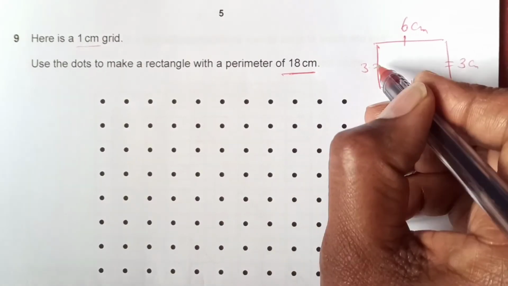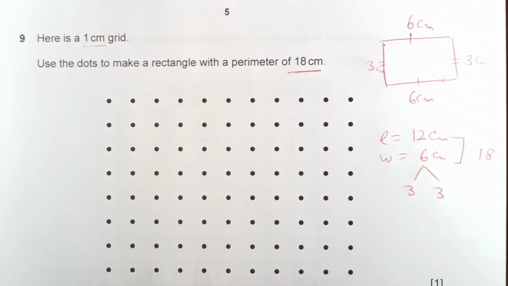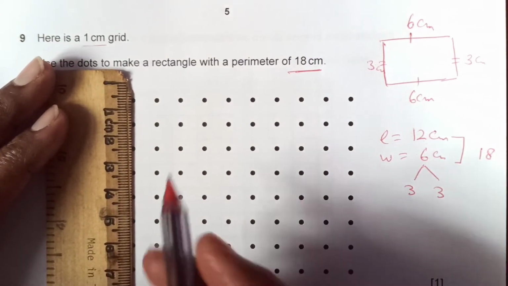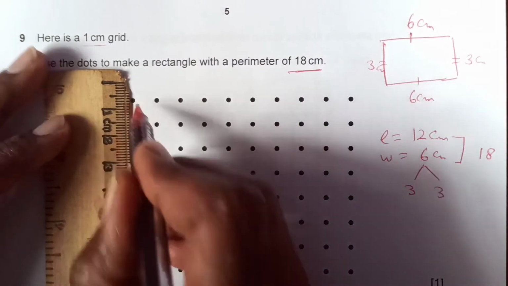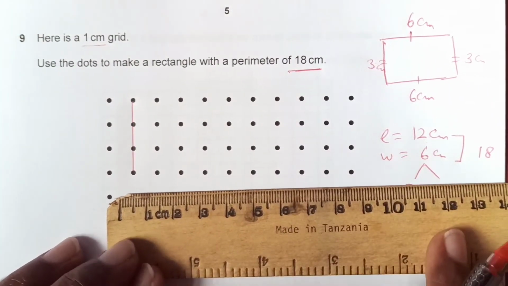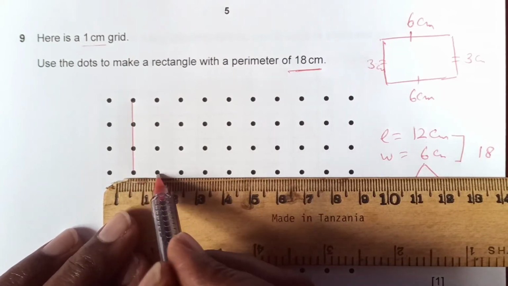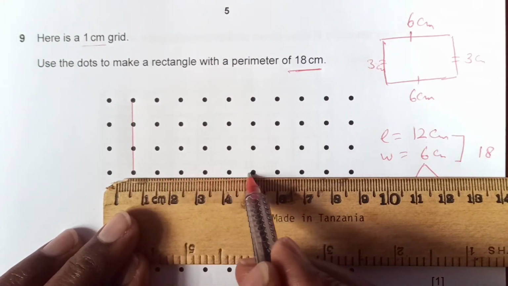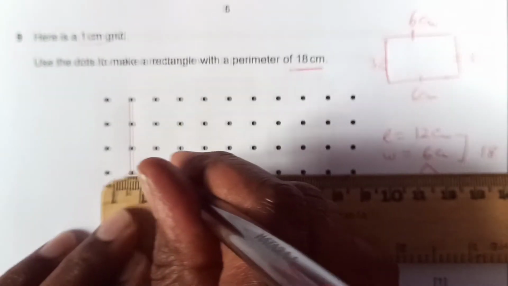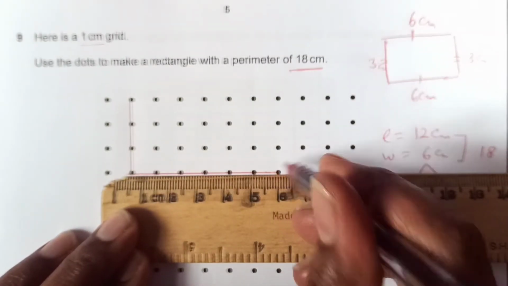Okay, so this we can draw on the grid anywhere. So 3 centimeters, this is 1, 2, 3, and this side it should be 6. 1, 2, 3, 4, 5, 6 up to this, like this.